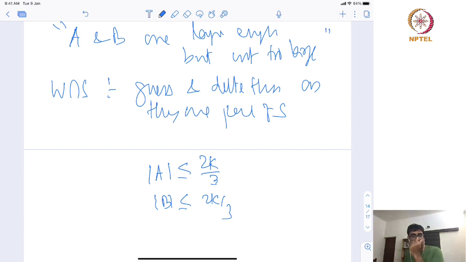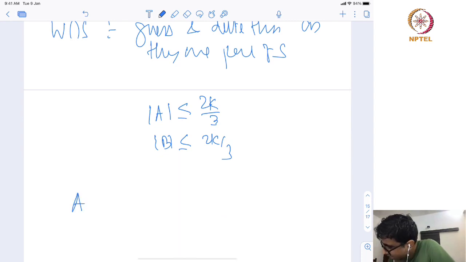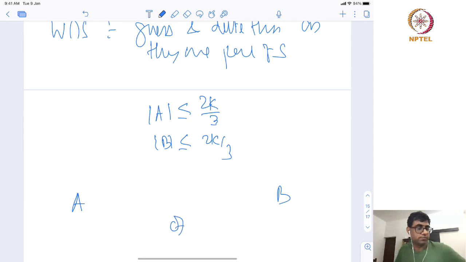Suppose I am able to prove that the cardinality of A and the cardinality of B is at most 2k over 3. Then what happens is that I guess this partition A and B of W.